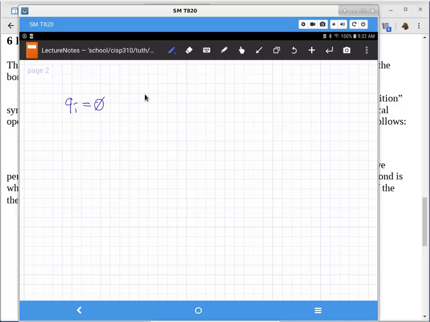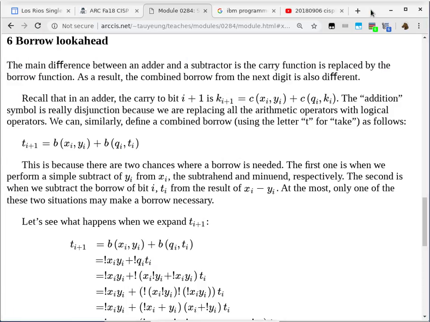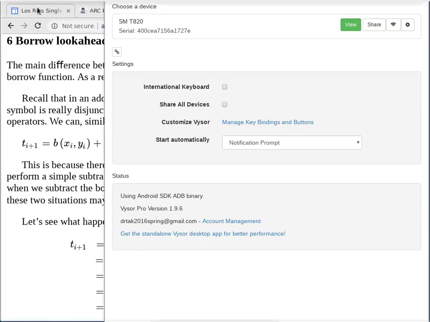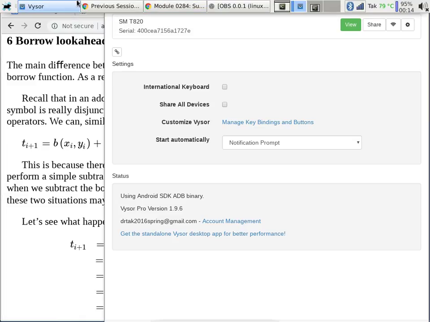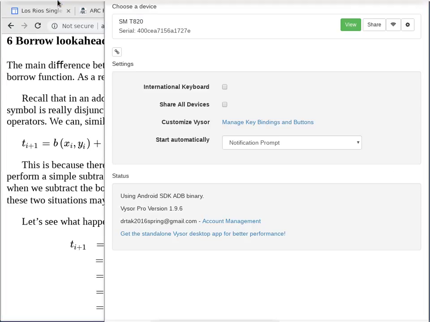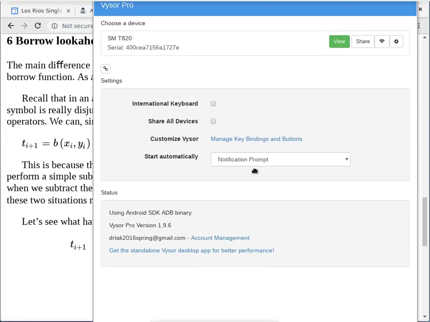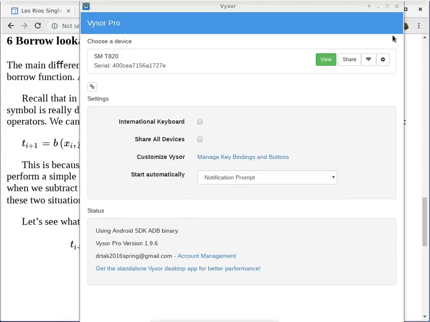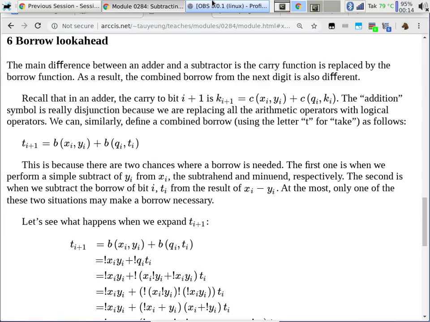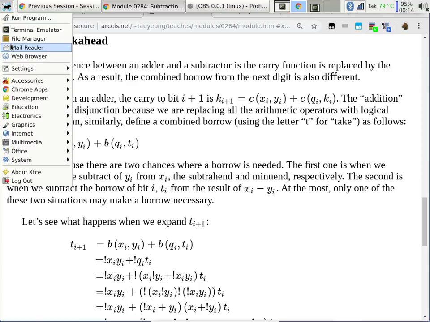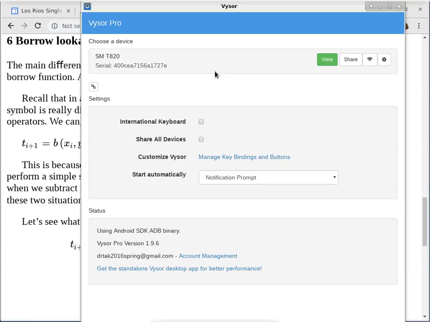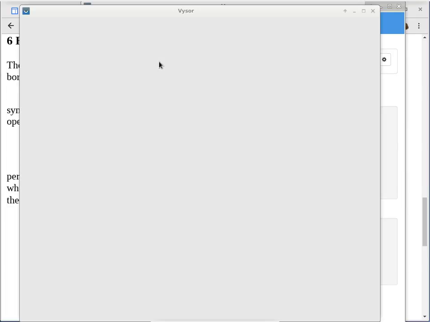Let me just give it a try now, because this lag is killing me. Let me close this and then start the whole app again, because the setting may not take effect until I restart it. So we'll give it one more try.